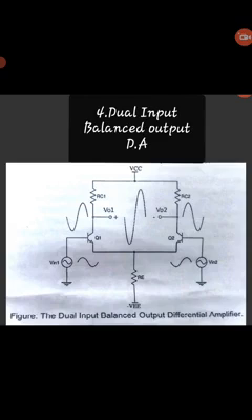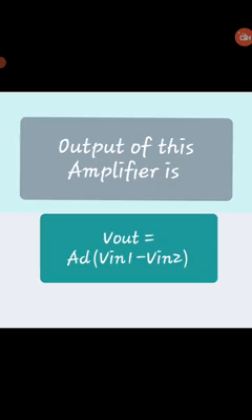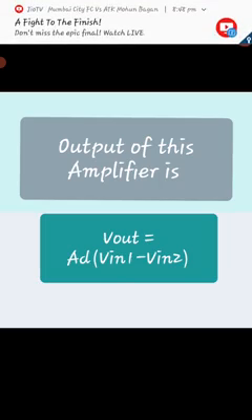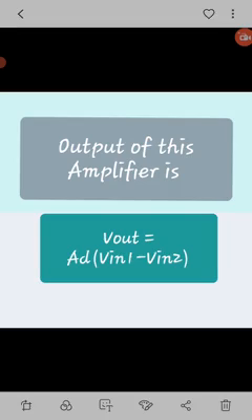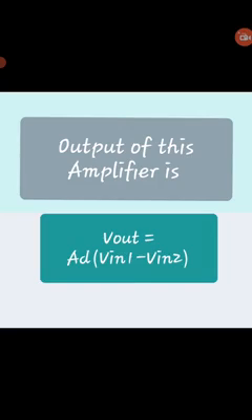The output voltage of the amplifier is V out equals AD in bracket V in 1 minus V in 2, where V out is the output voltage across the collectors of the two transistors. AD is the gain of the differential amplifier, which is RC upon RE.